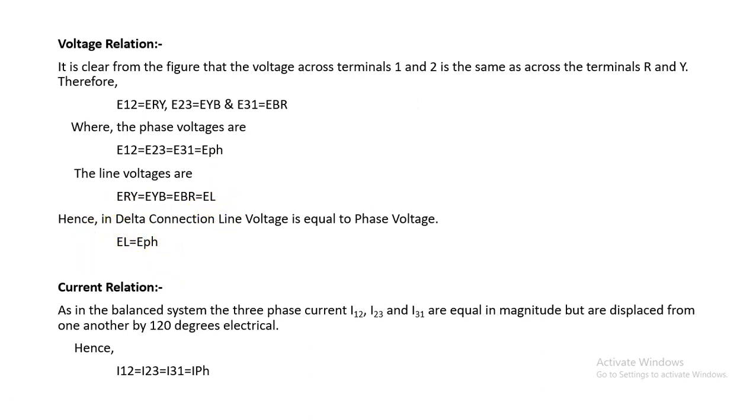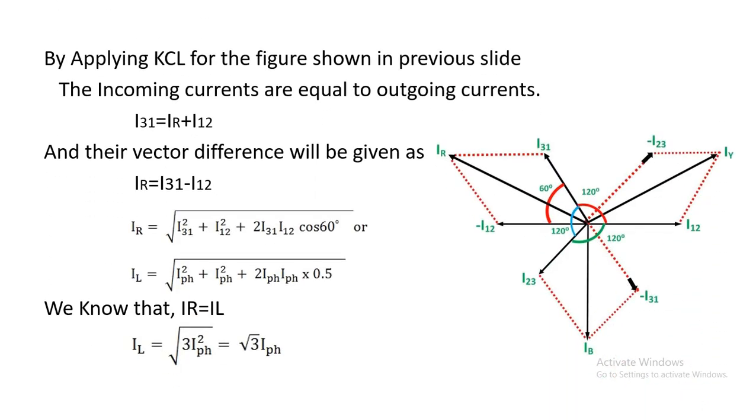But in the case of current the relation is a different one, because here the nodes are present in the delta connection, and these currents have a 120 degrees electrical phase shift between them. We'll see that phasor diagram. Unlike the previous case in star, where we took the currents as a reference, in the phasor diagram we are going to consider all currents, phase currents and line currents.